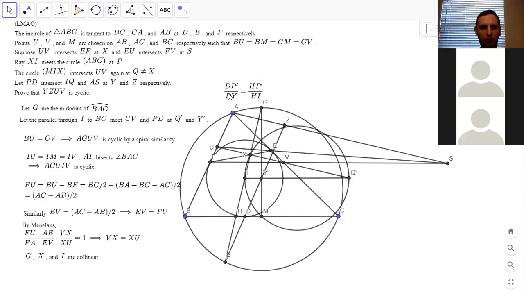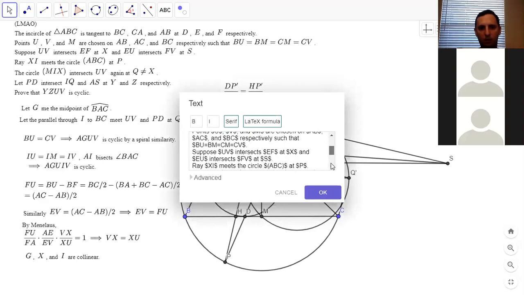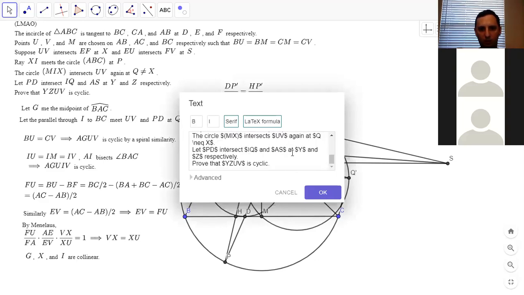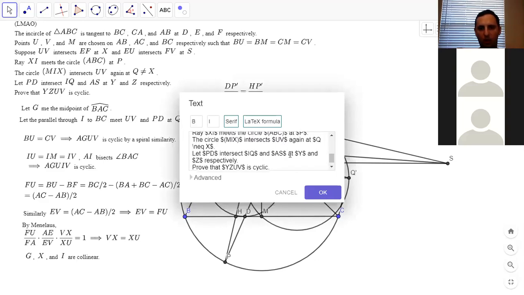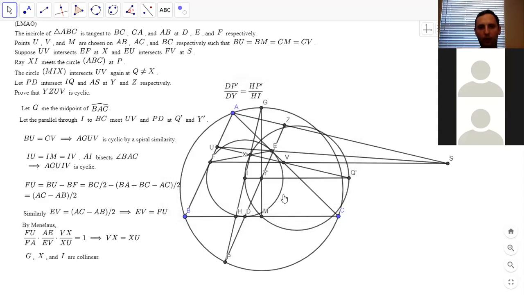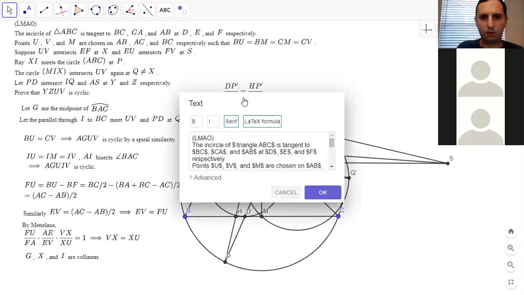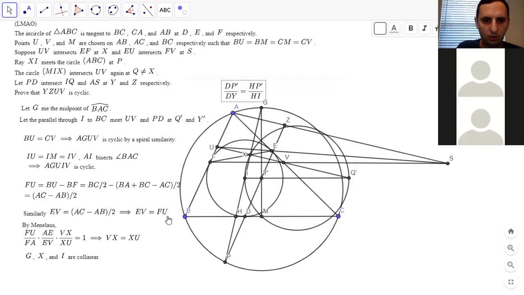And I guess it's easier to prove from PD over PY prime, not DP over DY prime. So you said that PD over PY prime equals PH over PI, and PI over PG. Okay, so PD over PY prime. Yeah.